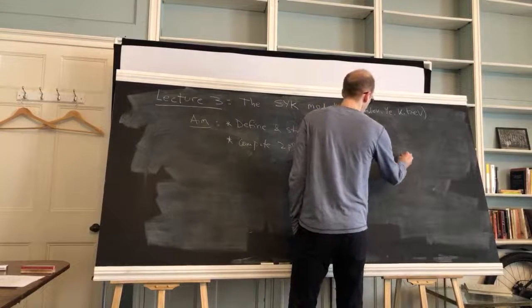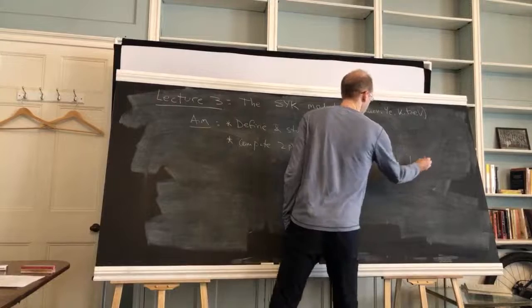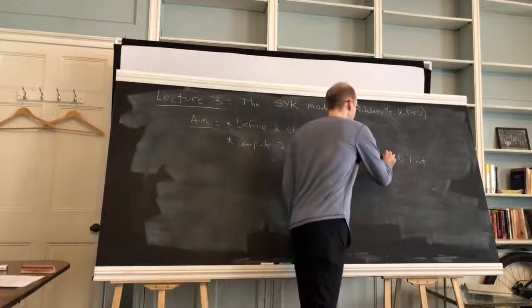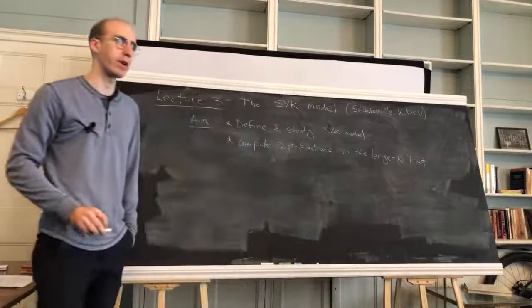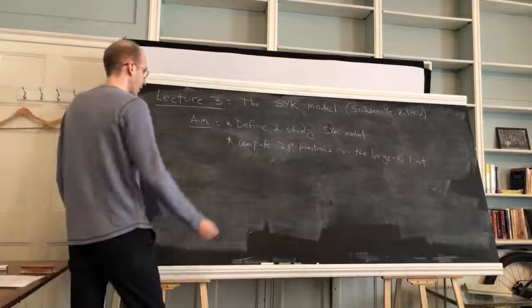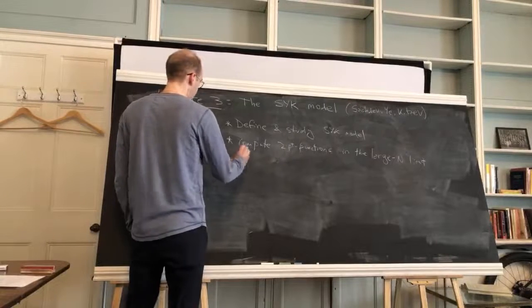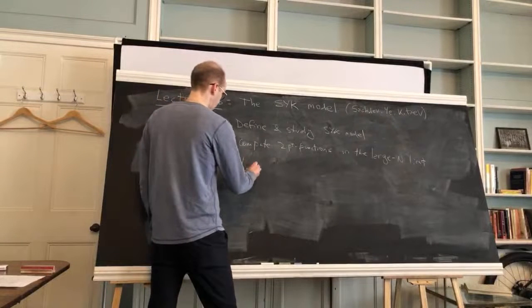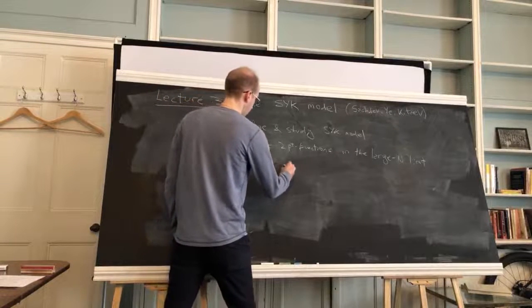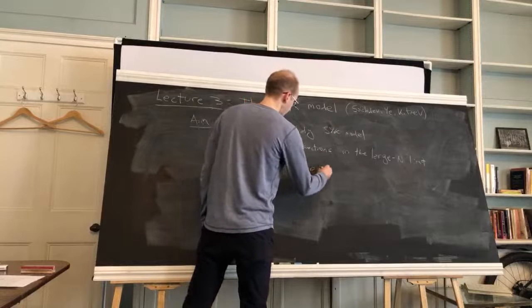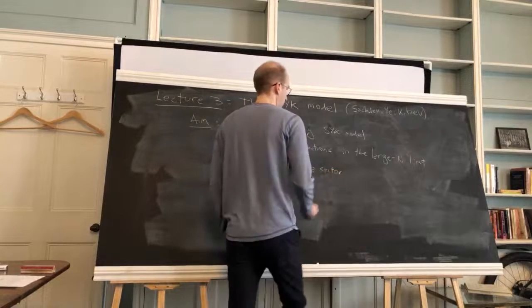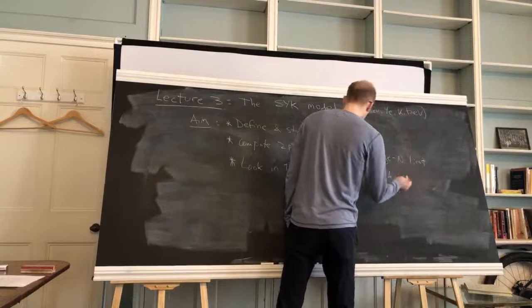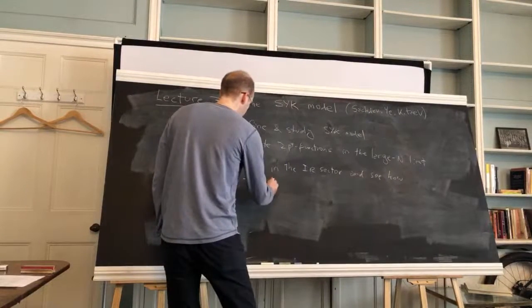So there will be N fermions in our model, and interesting things will start happening when the number of these Majorana fermions is large. And by the end of today, I hope to get to a point where we can look in the IR sector of the theory and see how the Schwarzian emerges.